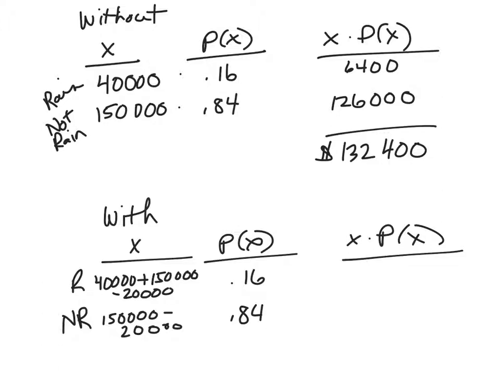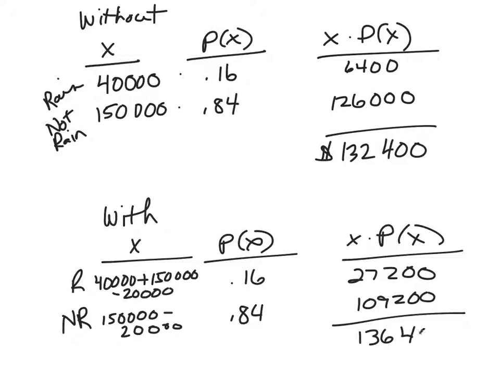And according to your textbook, if you multiply across here, you're going to end up with 27,200. And down here, you're going to end up with 109,200. Which gives an expected value of 136,400.